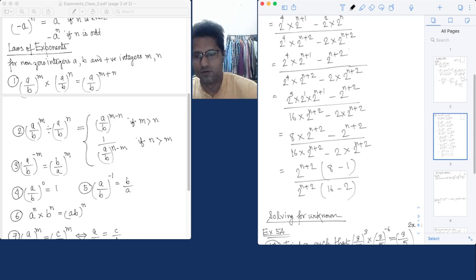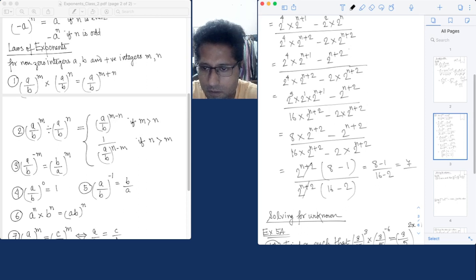So from both the numerator and the denominator 2 raised to the power n plus 2 gets cancelled and we are left with 8 minus 1 divided by 16 minus 2. This is 7 by 14, and this is half. So the answer is half.